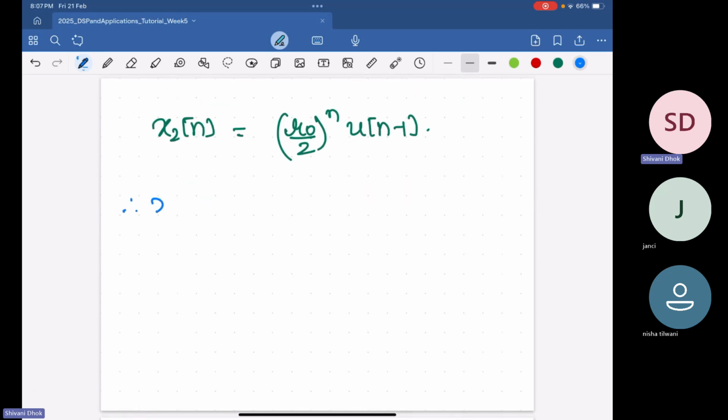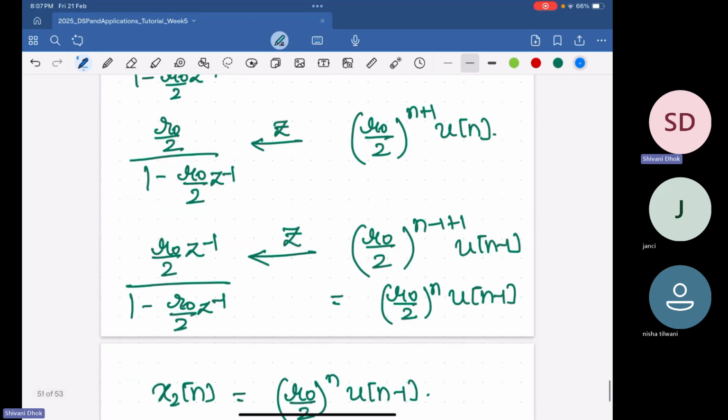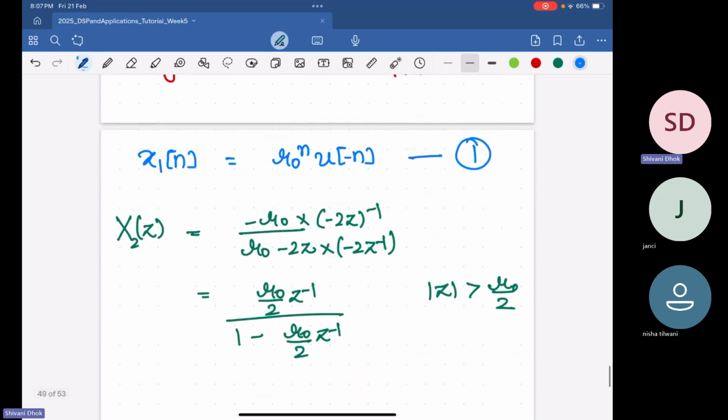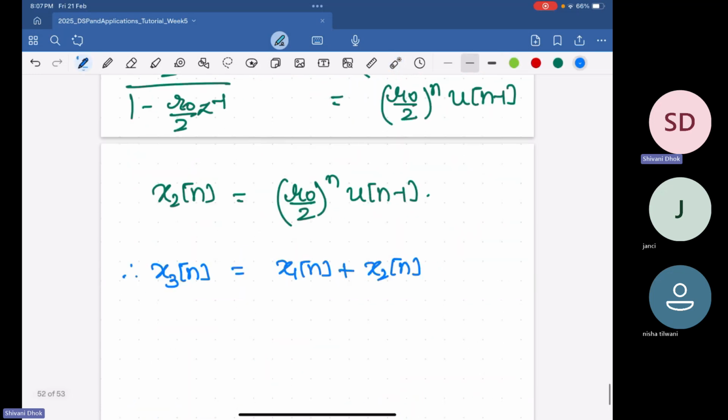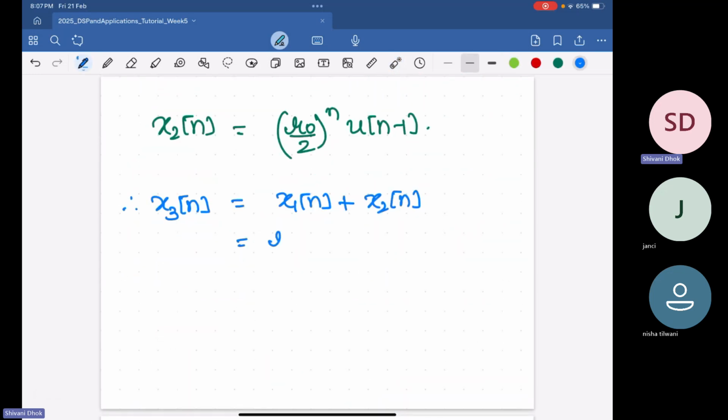Therefore, we have x3 of n as x1 of n plus x2 of n. x1 of n was r naught to the power n into u of minus n, plus x2 of n, which is r naught by 2 to the power n into u of n minus 1.